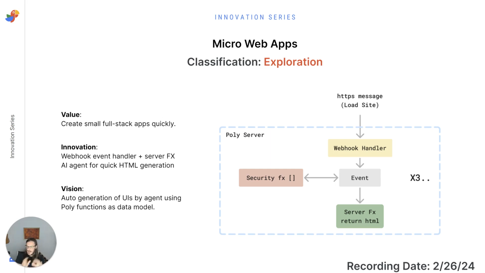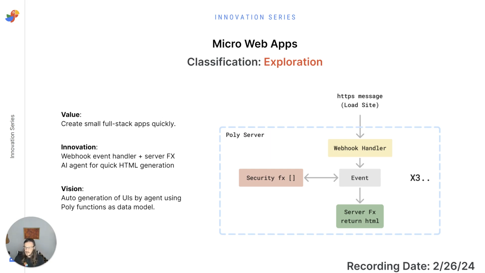Again, we're not going to hide this from the user. The idea is that the AI would give you the code, you would take it, and you would run it yourself. But it really could accelerate it, and having those poly functions as the underlying models, where the AI knows exactly what this operation does and what the inputs and outputs are, definitely speeds up the ability for the AI agent to interpret that and build a decent UI for you.